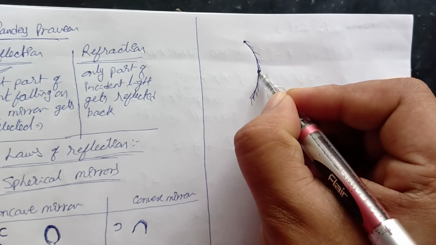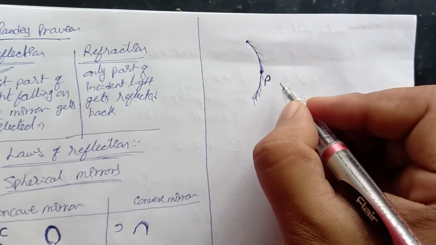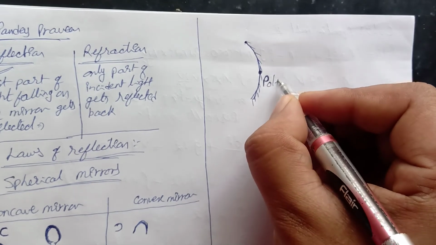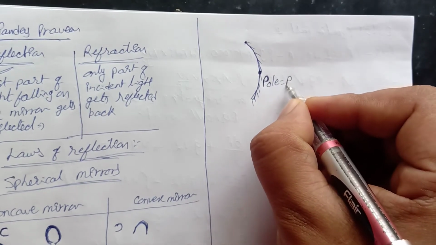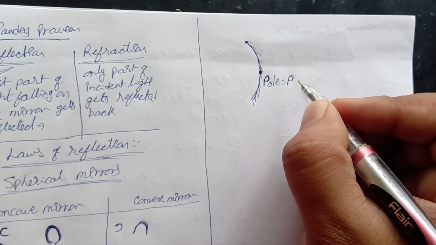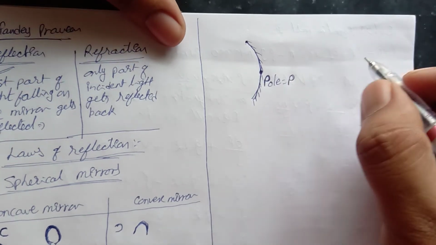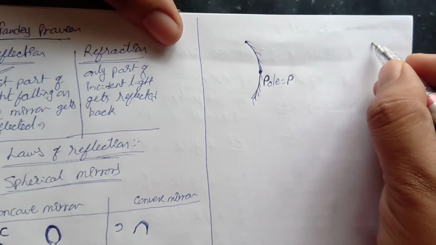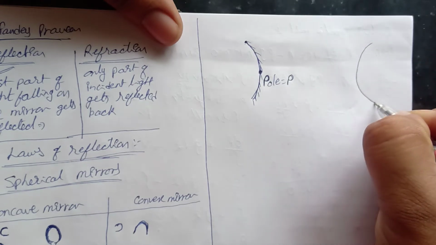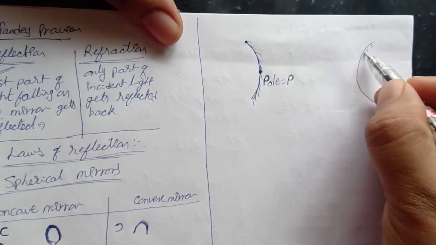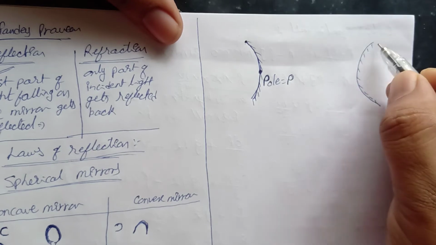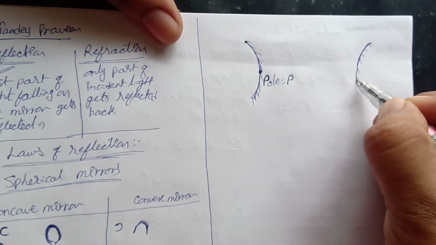So this is called the pole, represented by the letter P. The same thing happens in the convex mirror also. So this is my convex mirror, and this is our reflecting surface.